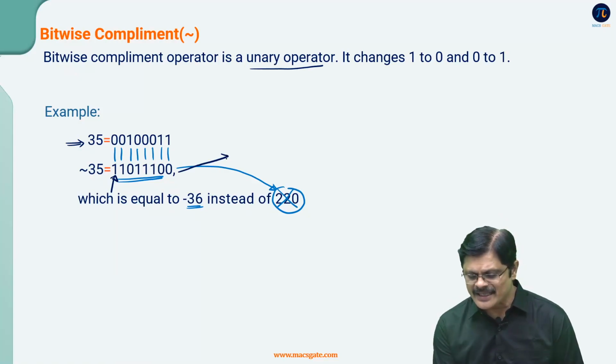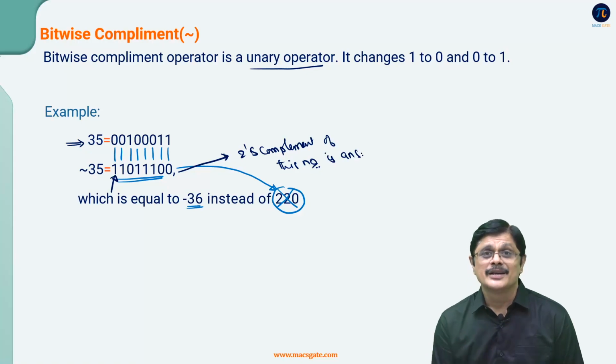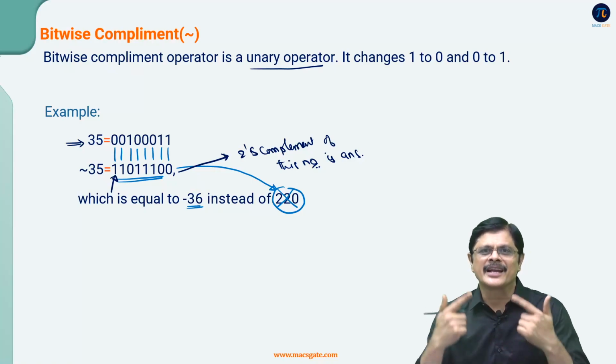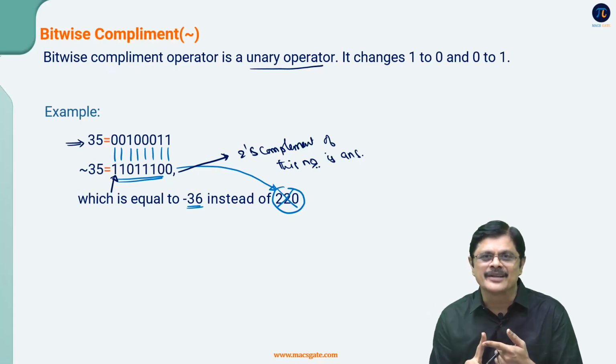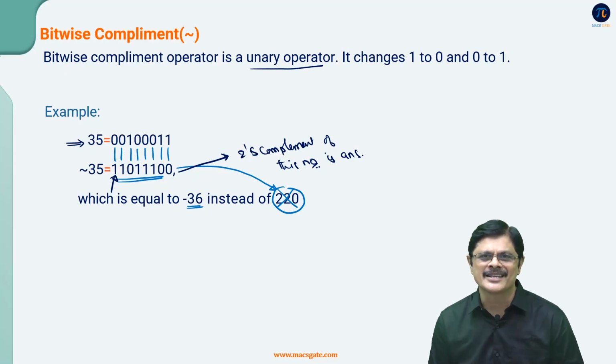The answer in this case is 2's complement of this number. 2's complement means again converted to original number, add 1. So, whatever number you are going to get, put a minus sign for that, that is the answer.